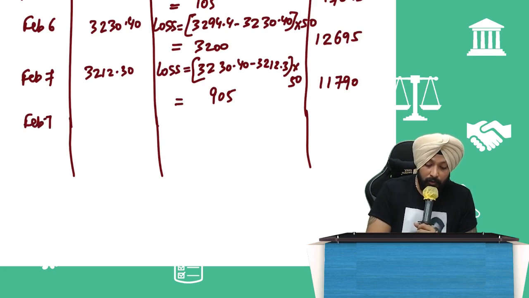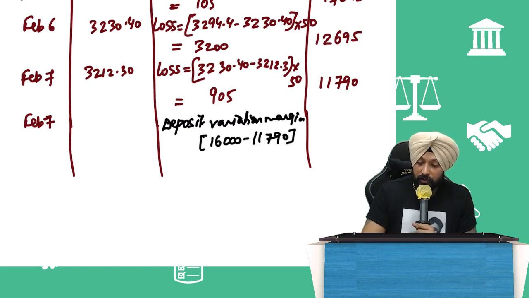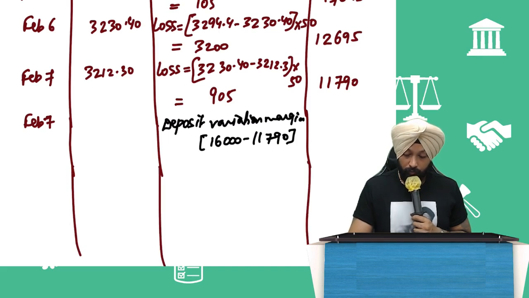On the same day, there will be a deposit of variation margin, right? And we understood that variation margin should bring back the balance to initial, which is 16,000 in this case. So 4,210.